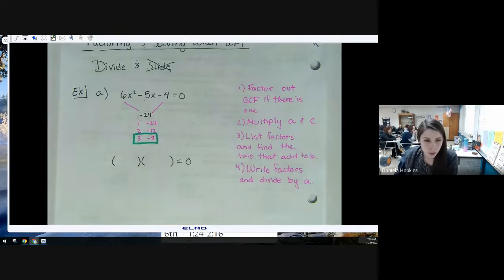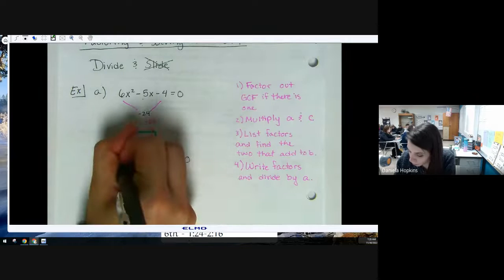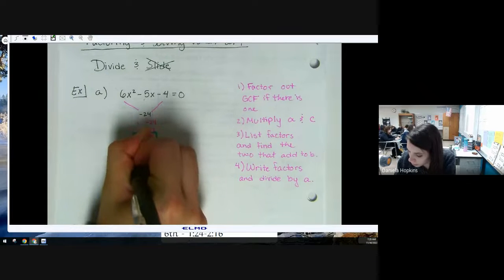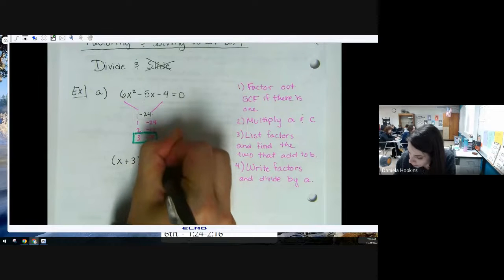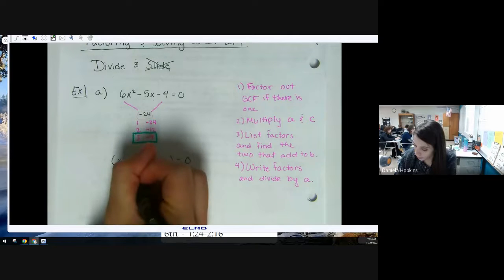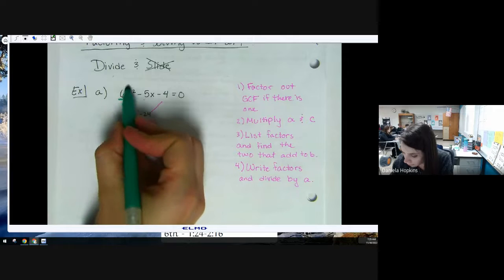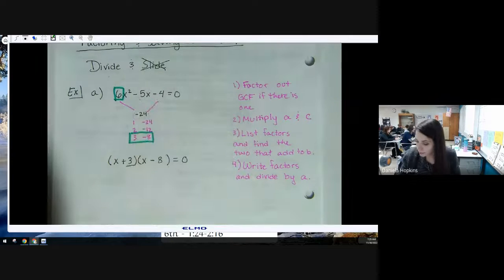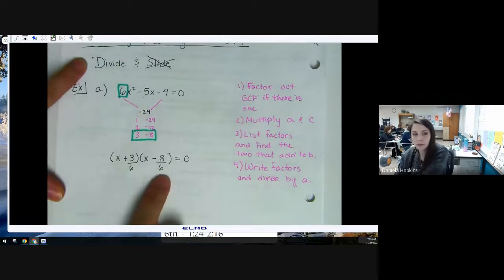Yesterday, the way I wrote them, and this is still technically correct too, is that I wrote this number 6x. Today, let's just do it this way. You're going to write x plus 3 from that factor and x minus 8. But then the divide part, I want you to put this divided by this number here. Okay, so divided by 6, divided by 6. That's actually the divide part of divide and slide.